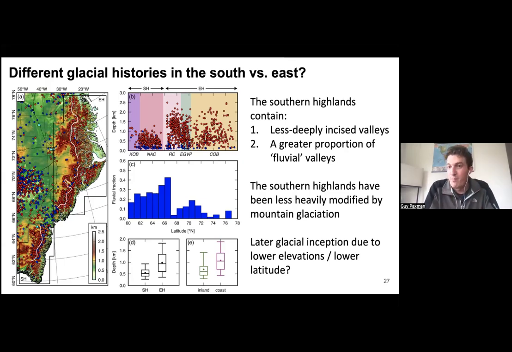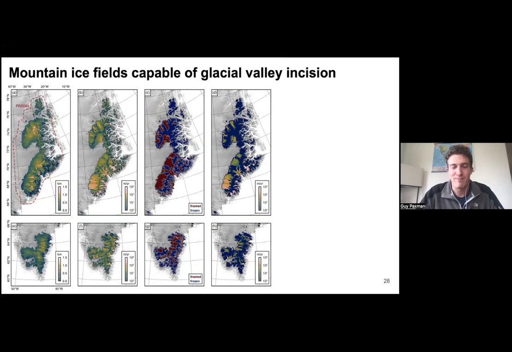And that would probably be consistent with the idea that the southern highlands are generally a bit lower in elevation and they are lower latitude as well. So maybe more likely to be warmer than the eastern highlands, and that could explain the difference in the best fitting temperature that's required to fit them in the previous slide. There's potentially a subtle difference here in what happened in the east compared to what happened in the south, but maybe more on that at the end.